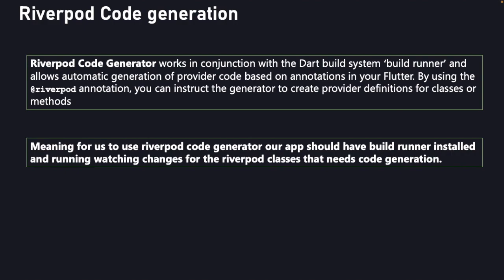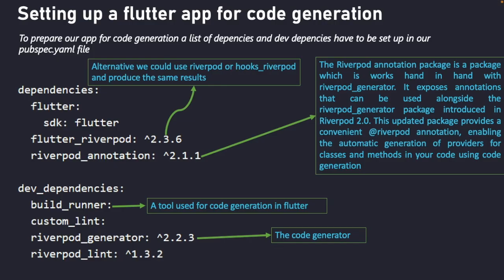By using @Riverpod annotations, we can instruct the generator to create Riverpod definitions for classes and methods. So these are just definitions, but as we go on, we will see how they work in a real life application.